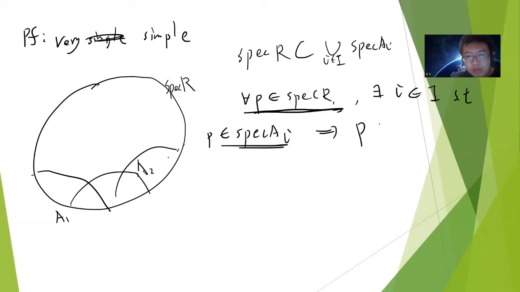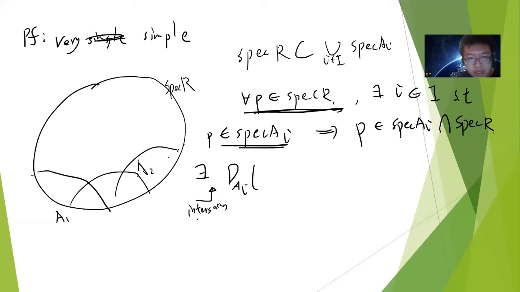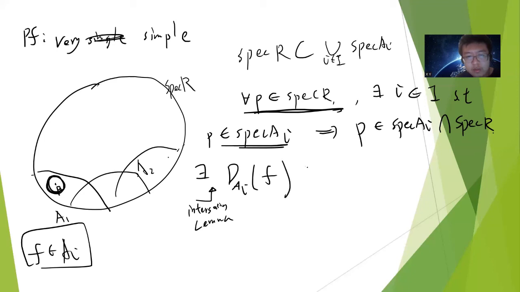So that means P will belong to Spec A_i intersection with Spec R. Okay, but there is a distinguished open set in A_i, by the previous lemma, by this intersection lemma. As I showed, if you take point P here, there is a simultaneously distinguished open set. By this intersection lemma, there's a distinguished D(F), where F belongs to A_i. Okay, so D(F) will cover P.